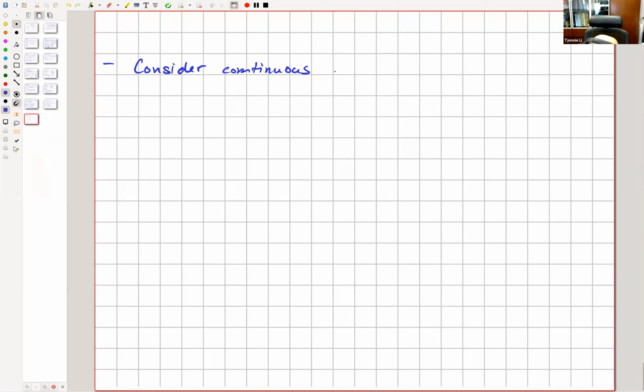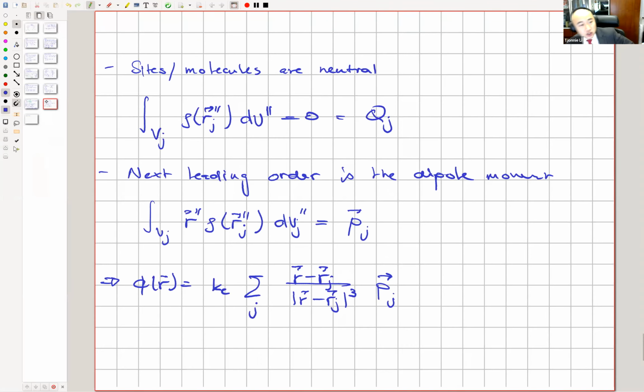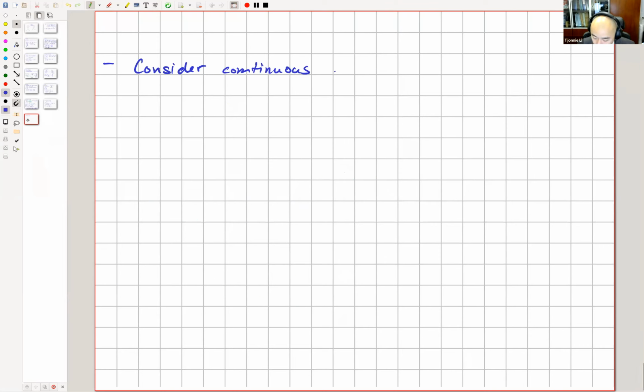So if I consider, instead of all the different PJs, some density distribution, in this case I can call this the polarization density. So I can make all the PJs instead P(r'_j), and then some volume Vj, where P is now the polarization density or distribution of the polarization.